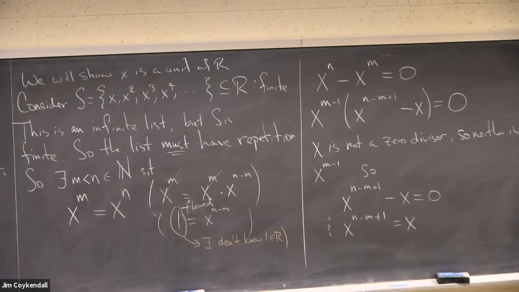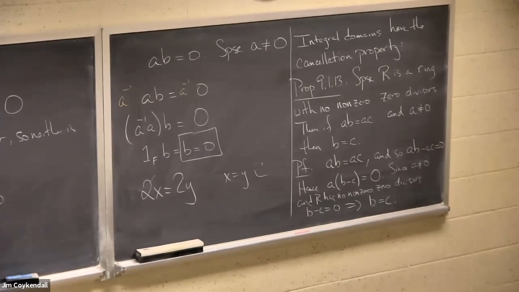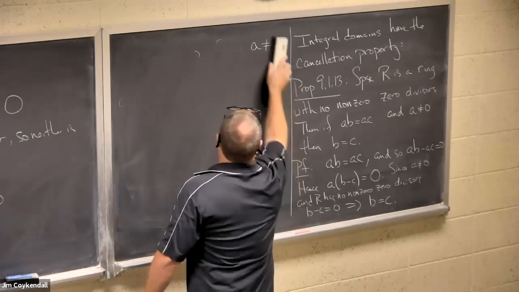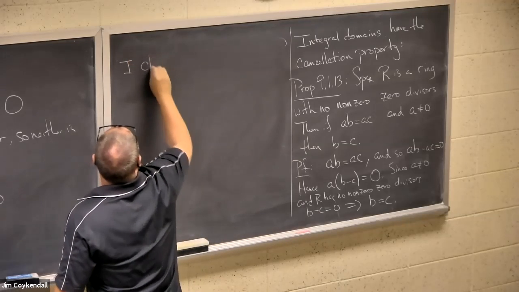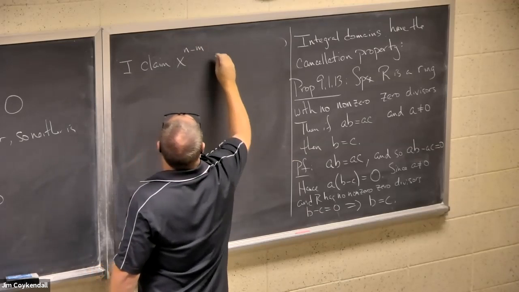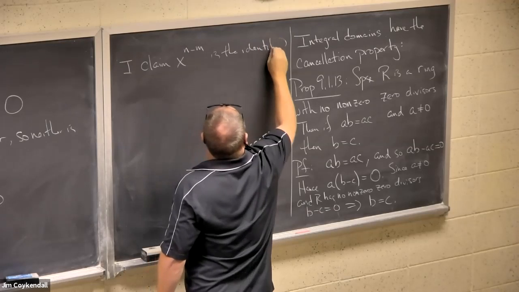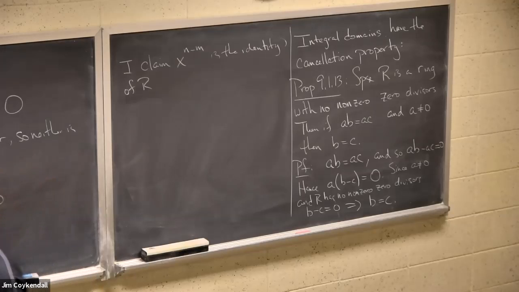Now, I'm going to make a quick claim here. I claim that x to the n minus m is the identity. So what I have to do is show that this element acts like an identity.